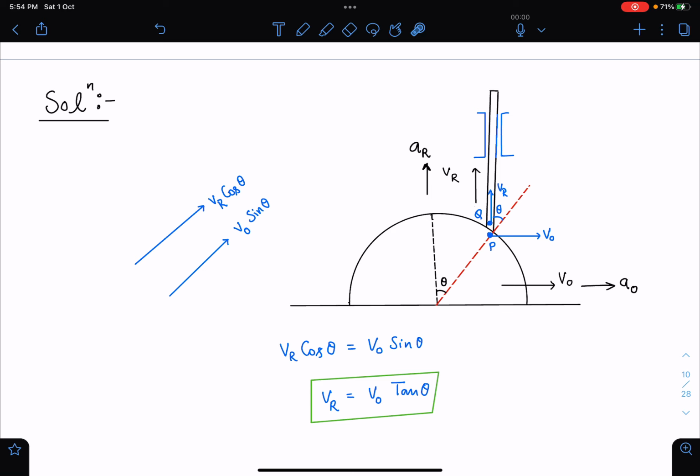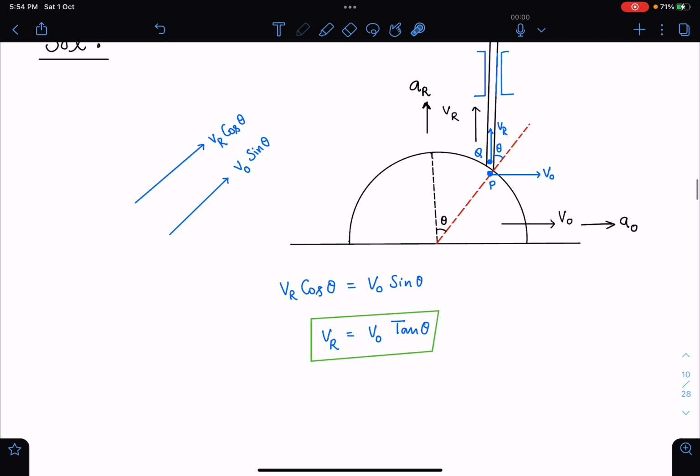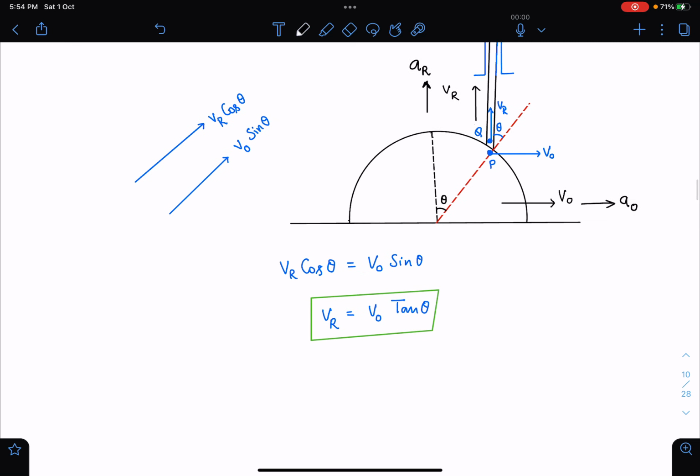So next, when I differentiate this, I'll be getting AR is equal to first function into differential of second plus second function into differential of first one. This is how this question will come, similar to the previous one, because theta was variable here.